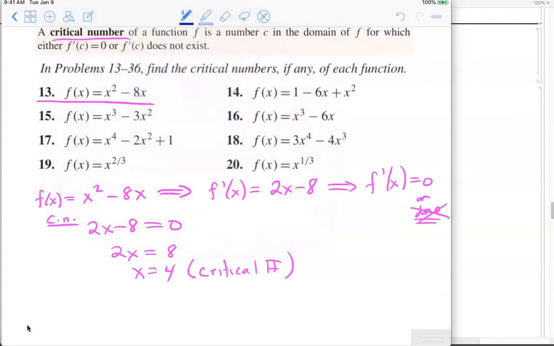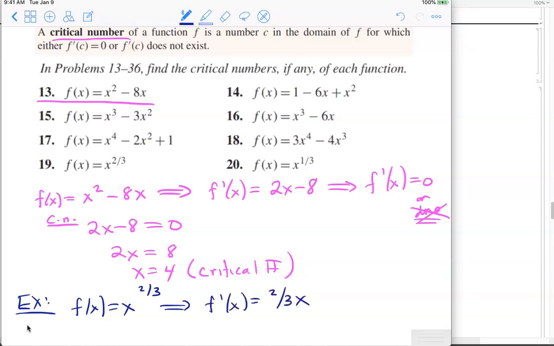Contrast that with another example. Let's look at the function f of x is equal to x to the 2/3 power. We know that f prime of x is equal to 2/3 x to the 2/3 minus 1, which is the same thing as 2/3 x to the negative 1/3.